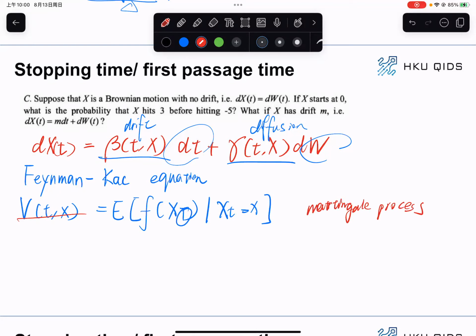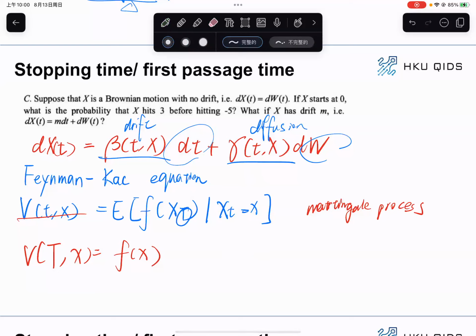And it satisfies the terminal condition that v(T,x) is going to be f(x). Which means if there is a function which looks similar to the function of x at its stopping time's expectation value, then we can set v(T,x) to have the terminal condition f(x).